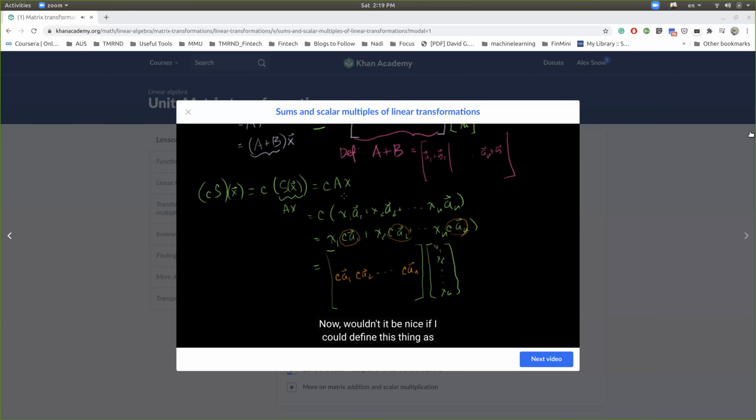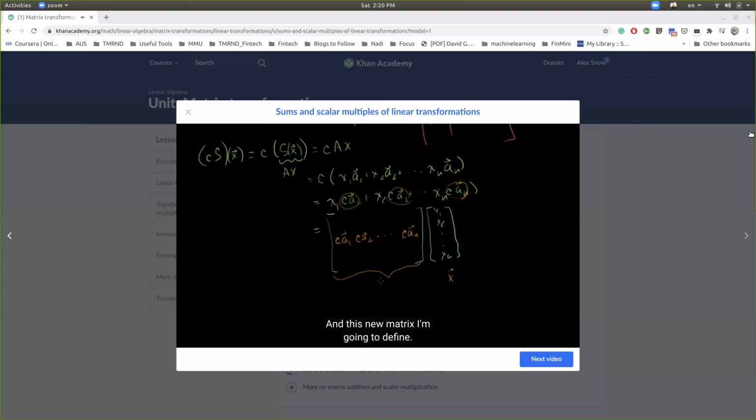Wouldn't it be nice if I could define this thing as some new matrix times a vector x? Because this should also be a linear transformation. And this new matrix, I am going to define. This is a definition again. I'm going to define this new matrix as being c times A.